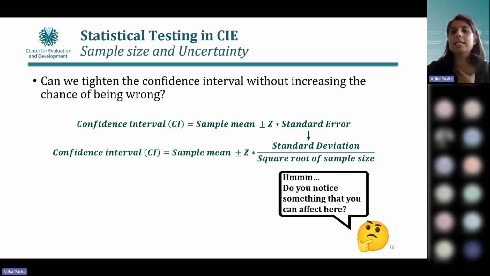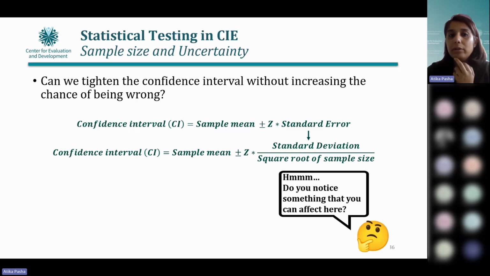The Z is a given, right? For 90%, 95%, and 99% or whatever percentages you want, the Z values are assigned. So this is something that you cannot change, which means that our only margin with which to improve our confidence is coming from the standard error.